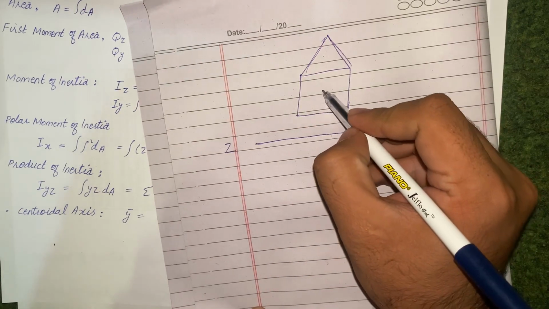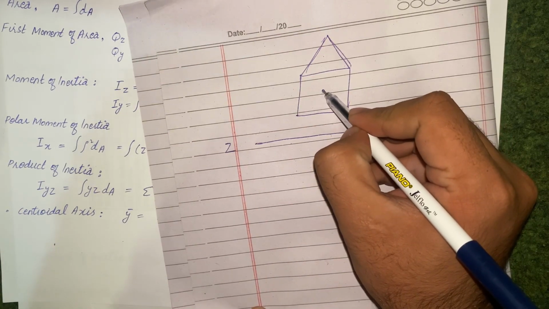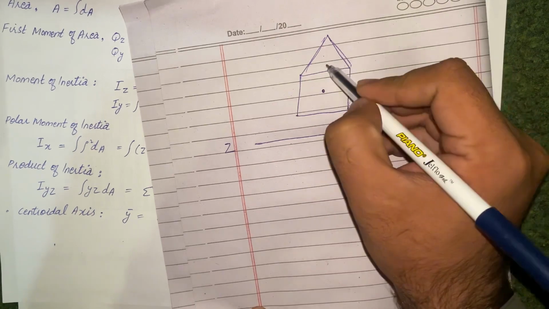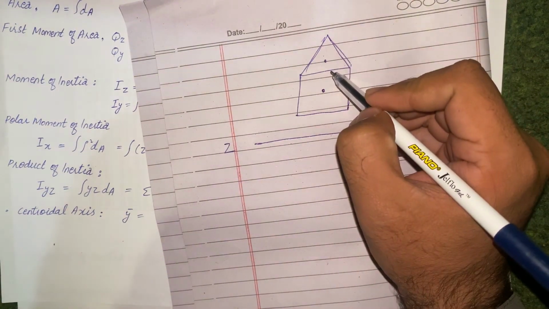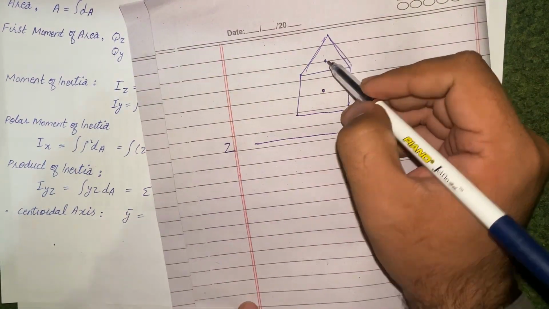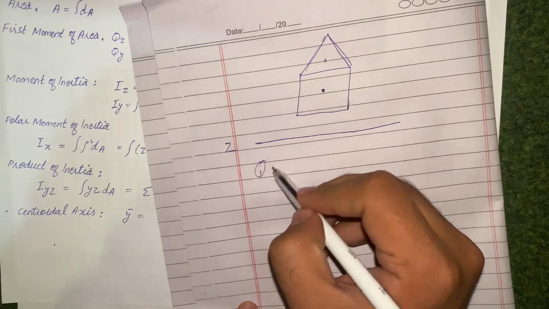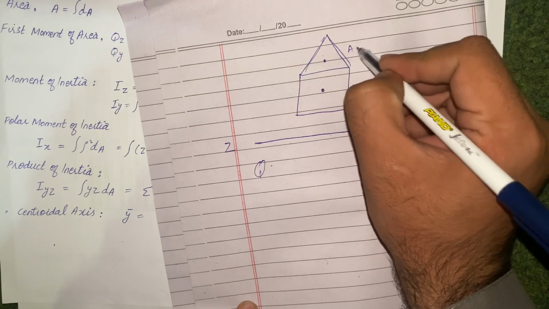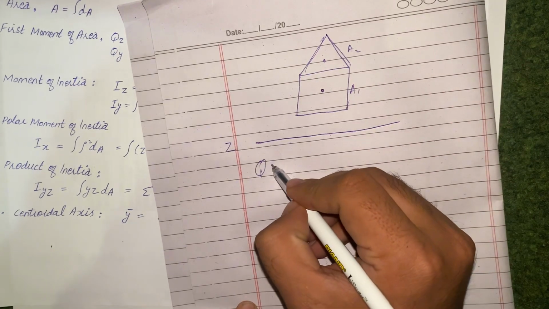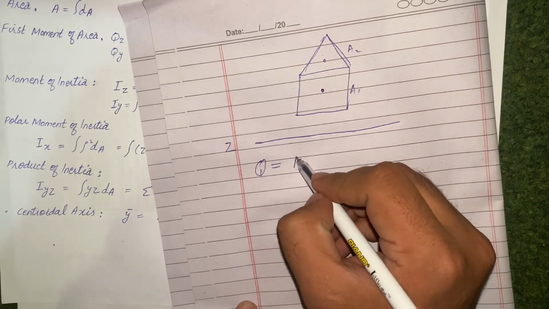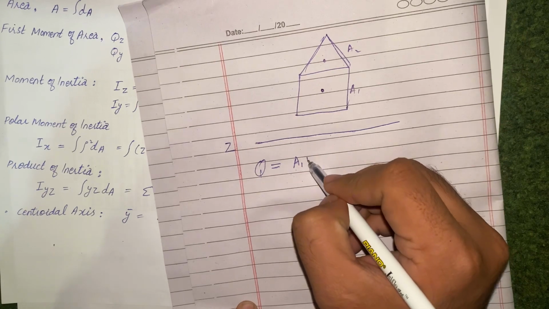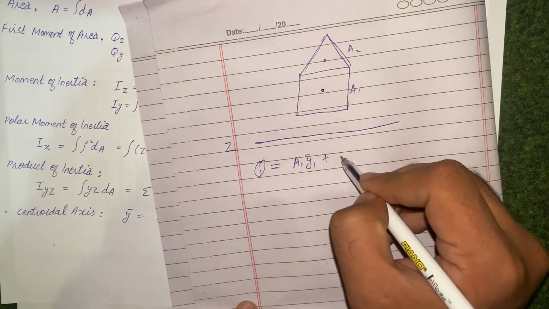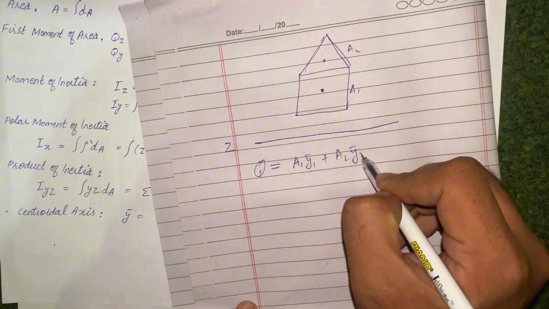If this is the centroid of the square and here it is the centroid of the triangle, and this is area 1 and this is area 2, the first moment of area says A1 y bar 1 plus A2 y bar 2.